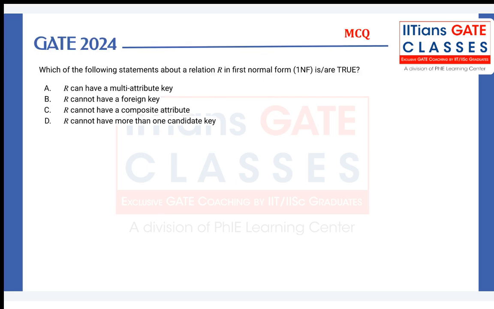This was asked in GATE 2024 very recently, and it's an MSQ. Sorry, it's not an MCQ. Please ignore this part, I have forgotten to edit it. It's written 'is or are true', which means it's an MSQ. Many people might not have thought that there would be a question on 1NF, but here you go.